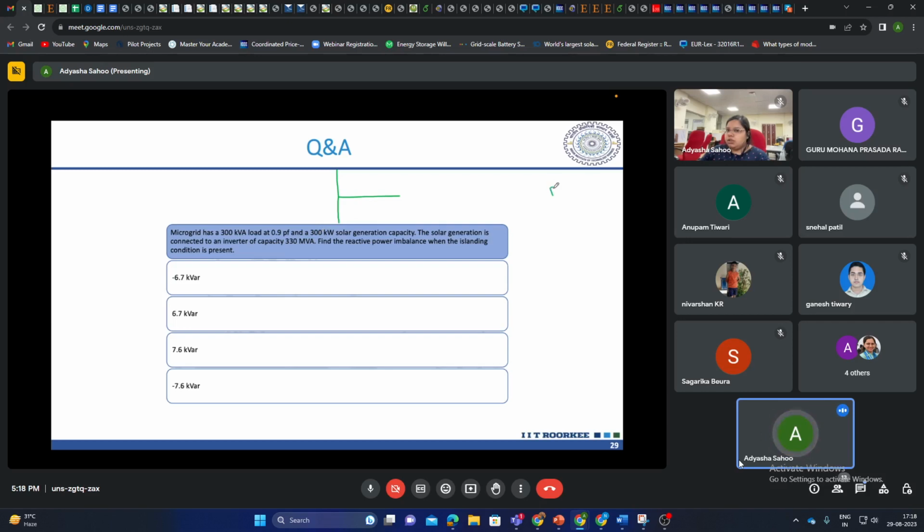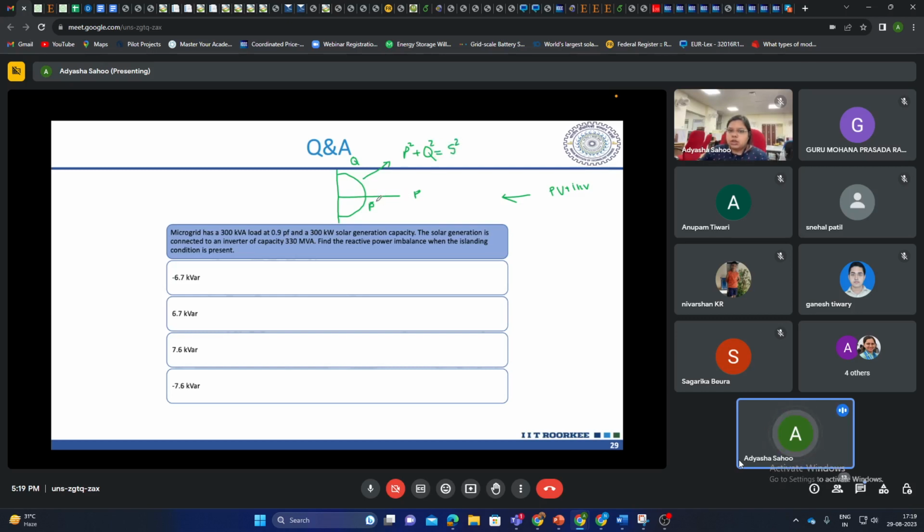So a PV plus inverter will give the PQ characteristics just like a conventional thermal generator, that is circular, right? Where this is, let's say, P max. So this will be represented by P square plus Q square equal to S square.